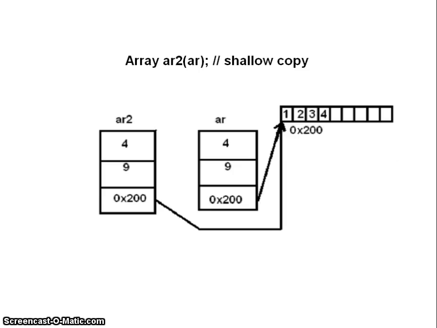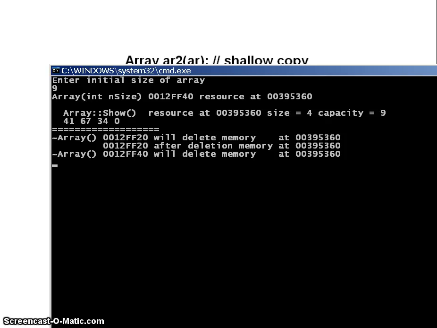Let's look at the trace. Here, look, first destructor, trace before deletion, trace after deletion, second object, trace before deletion, and look, it tries to delete memory at the same address. This is impossible.